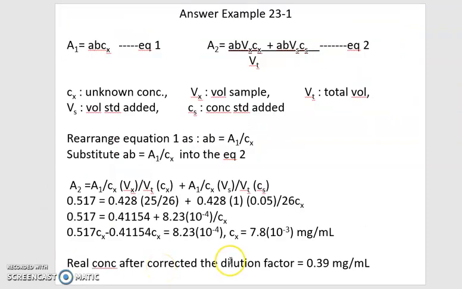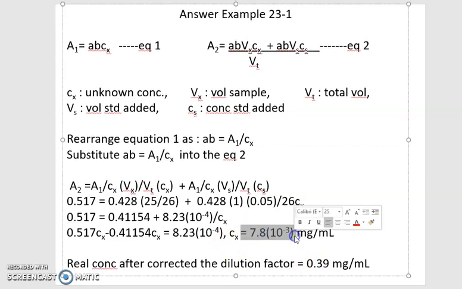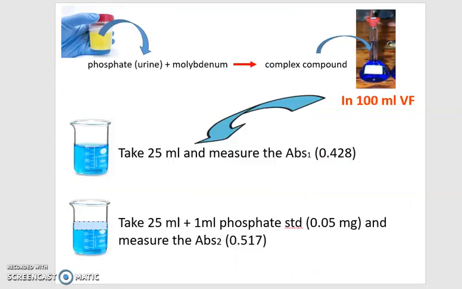So what is the concentration of phosphate in the 2 ml urine? The concentration of phosphate in the 2 ml urine is this value times the dilution factor, which in this case is 100 divided by 2.